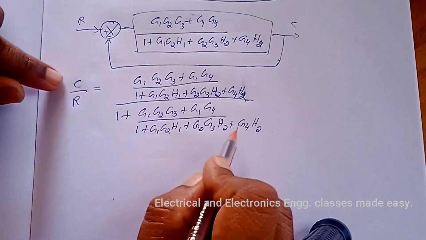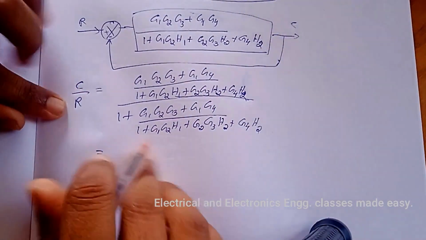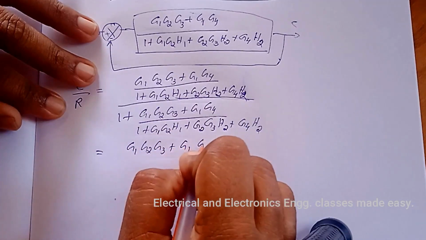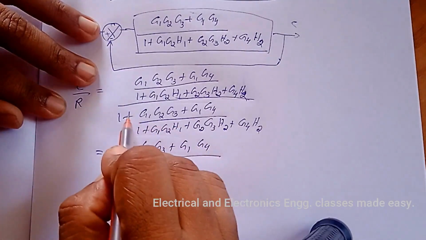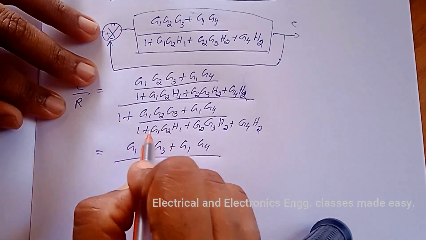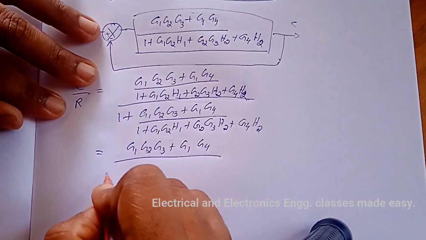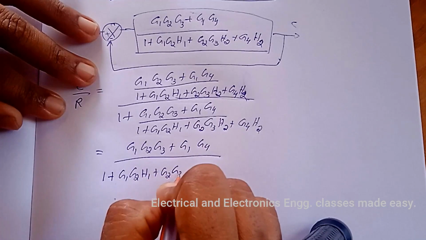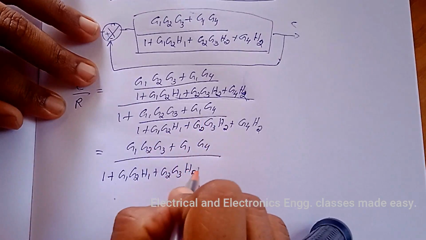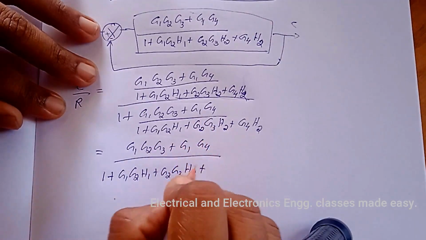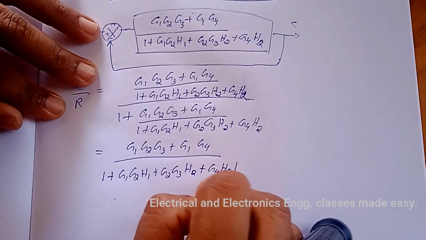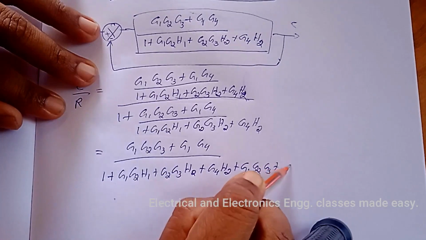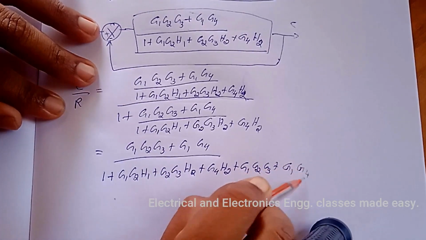Now we can cancel the LCM and take the LCM, that is we get G1 G2 G3 plus G1 G4 divided by, here we have to take the LCM, that is multiply with this LCM, that is 1 plus G1 G2 H1 plus G2 G3 H2, then plus G4 H2 plus this term G1 G2 G3 plus G1 G4.